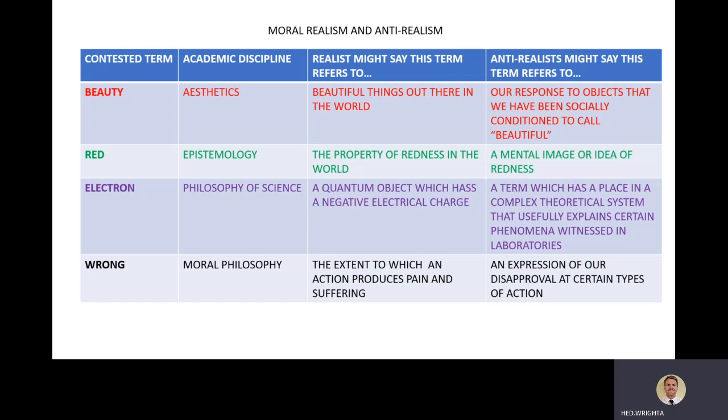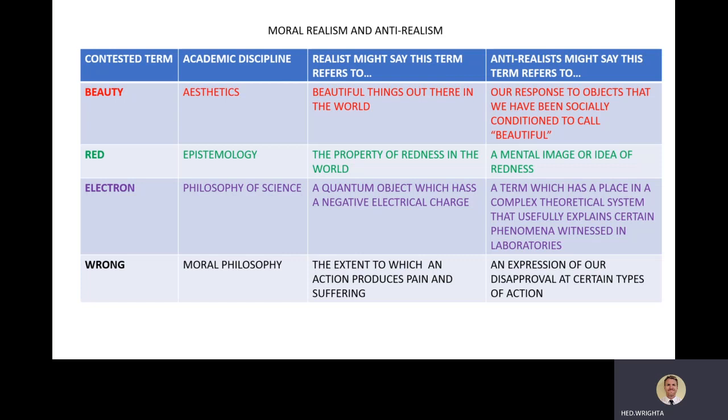So their idea of beauty changes. You look at different cultures and their idea of beauty varies from culture to culture. So therefore, beauty is not something out there in the world, an objective mind independent truth. It is a socially conditioned response.